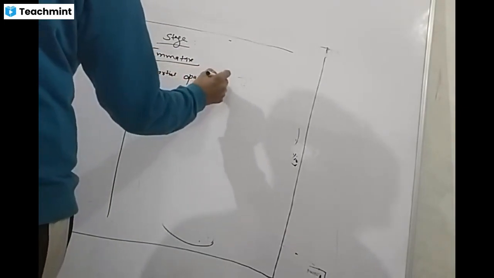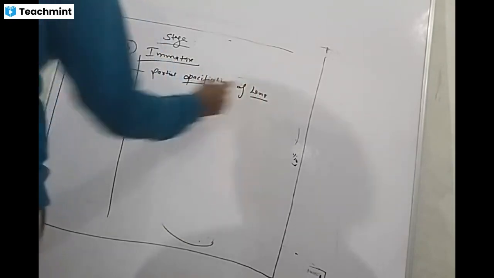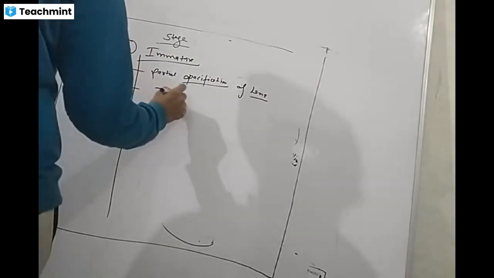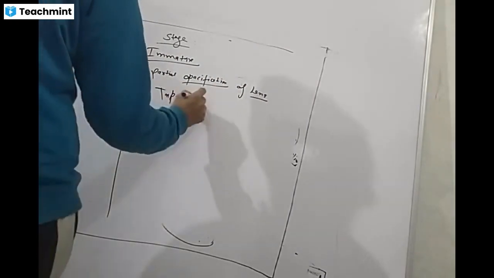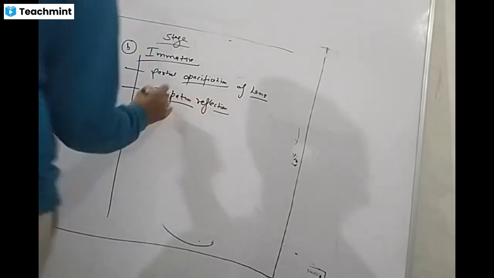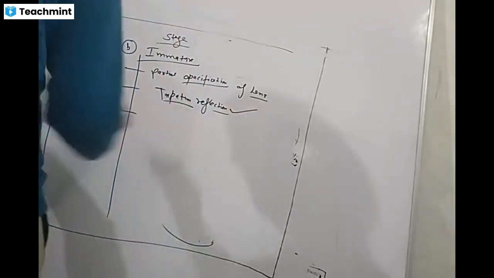Partial opacification means whitening of the lens occurs. The tapetum present inside the eyes will give some kind of reflection if light falls on it. So tapetal reflex will be present.